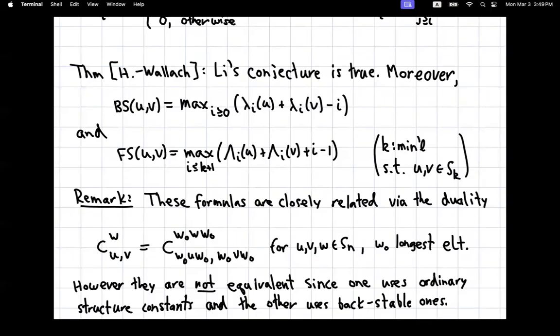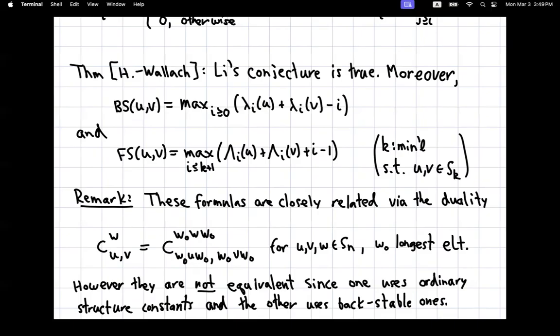In the sense that if I have a Schubert structure constant, CUVW, and they all live in some SN, then if I just conjugate each of them by the longest element, it's well known that that fixes the Schubert structure constant. It's unchanged in that case. And so this formula is essentially what you get, these relationships between these formulas, if you conjugate all of the permutations by W0.